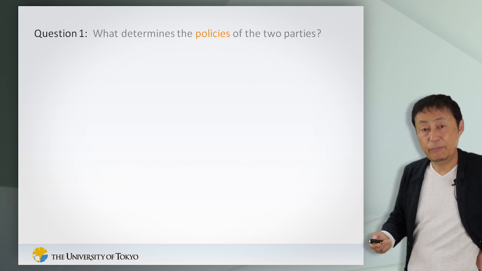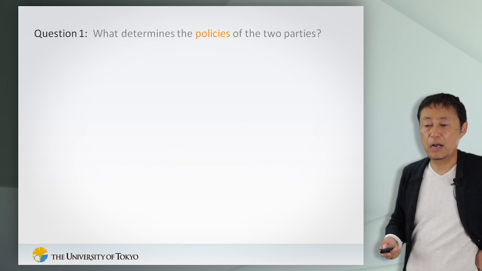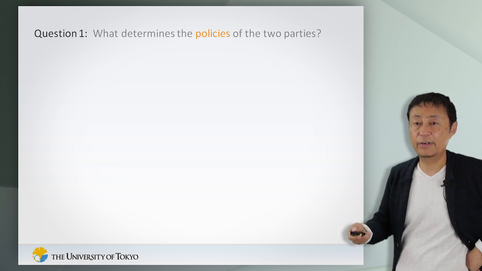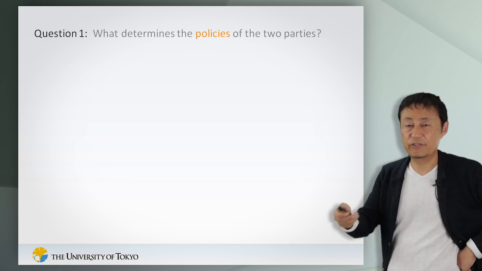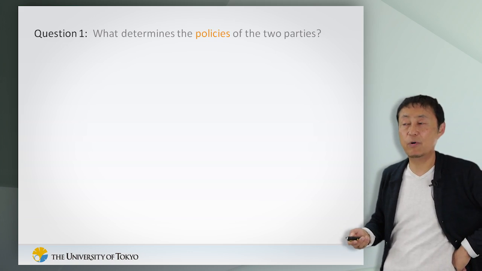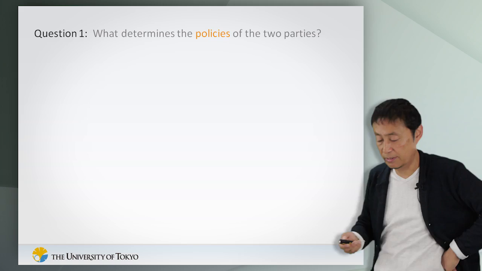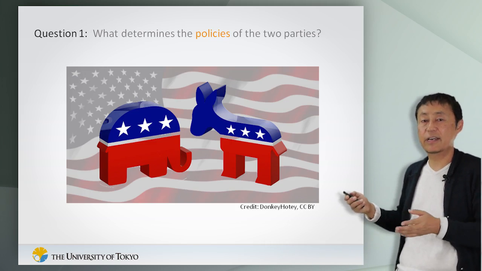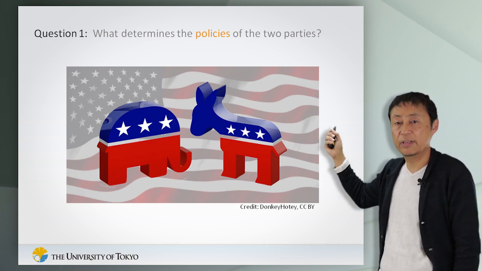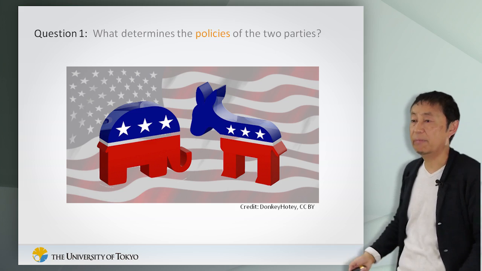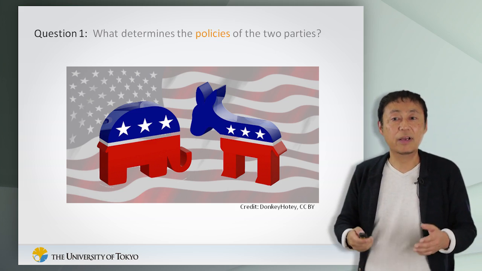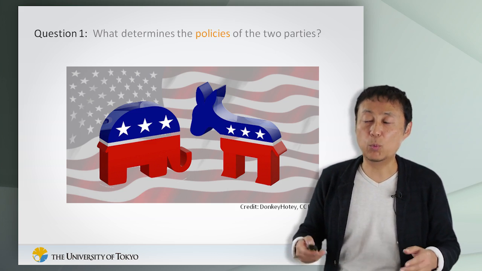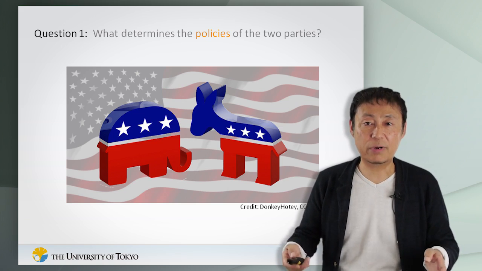Okay, so let me give you a few examples about what game theory tells you. Okay, after learning game theory, you can solve the following interesting questions. Question number one is about the political campaigns between the Democrats and the Republicans. What determines the policies of the two parties, Republicans and Democrats? Well, this is a very general and vague question. Think about how you can approach this question.